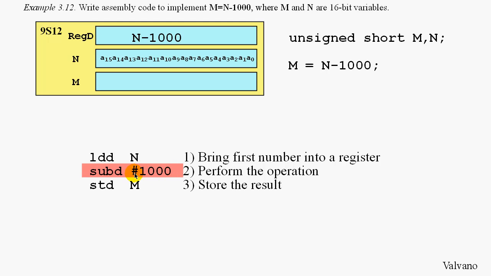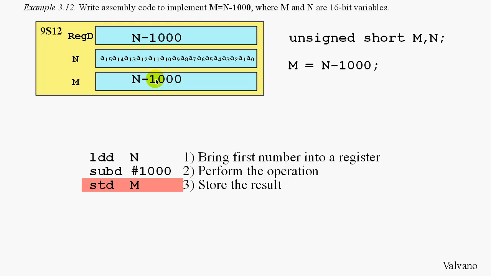Again, the pound sign in the instruction specifies the 1000 as a constant, and after executing this instruction, register D will contain the value n minus 1000. And the last step will be to store the result into the memory location m. And now m indeed does have the value of n minus 1000, just as required.